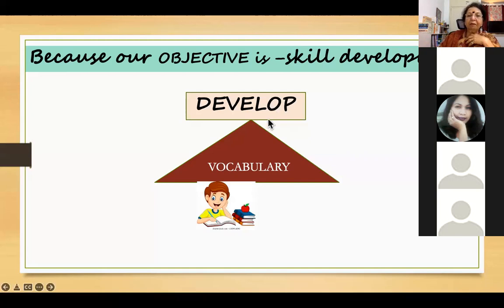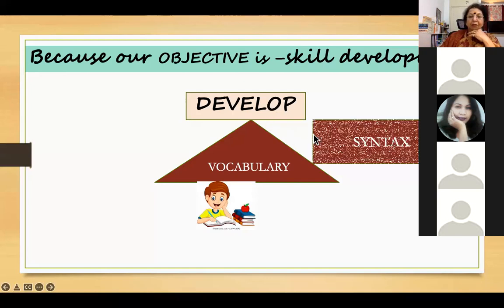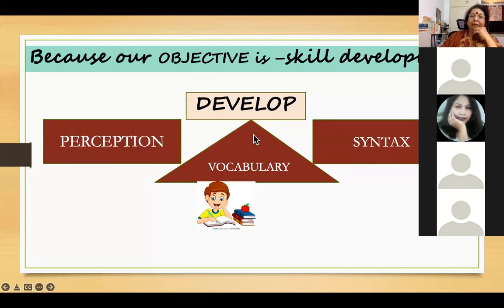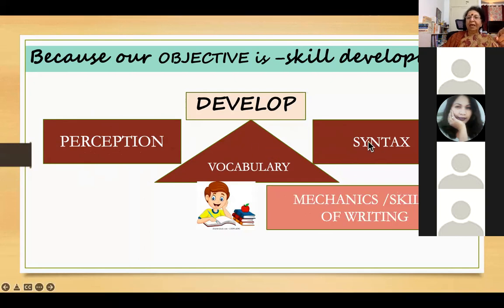Then we need to develop their sense of syntax, how to write the sentences, and what we call perception. I have highlighted this at the end, but believe you me, this is the most important thing, perception. Because vocabulary and syntax will be the mechanics or the skills of writing.